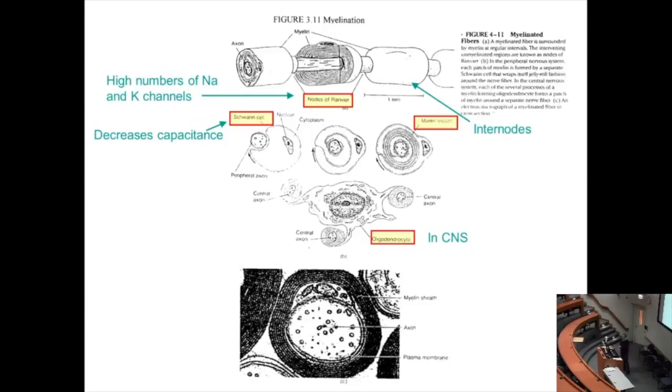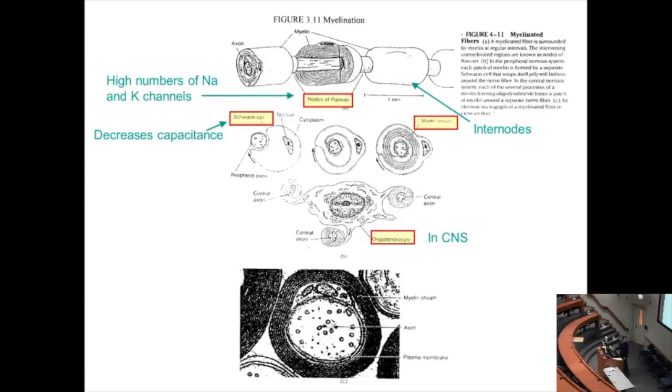And what happens is your action potential is basically generated where the nodes of Ranvier are, because that's where your sodium and potassium channels are. And then, just underneath the membrane where the myelin is, the action potential propagation is so fast that the action potential appears to jump. That's how quick it is.